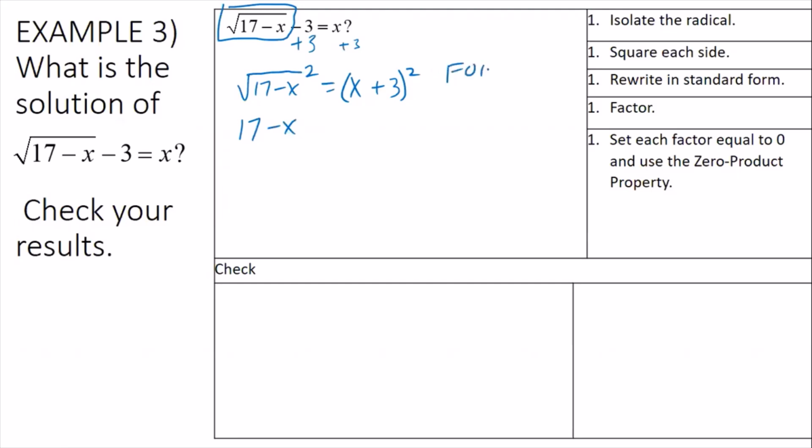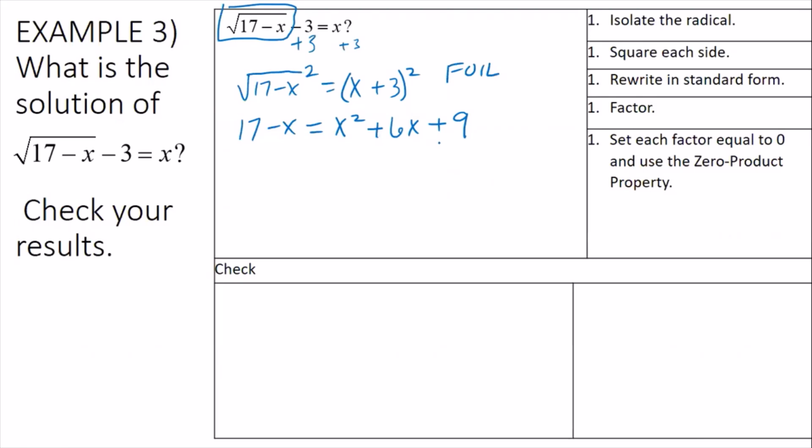When I have something squared, I'm squaring the first, doubling to get the middle, squaring to get my third. So x squared is x squared. What's 3 doubled? 6. What is 3 squared? 9. So after all FOIL is said and done, I'm going to end up with x squared plus 6x plus 9.